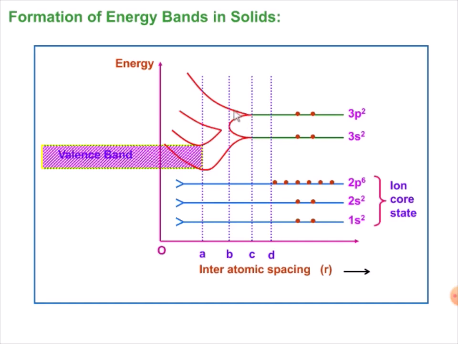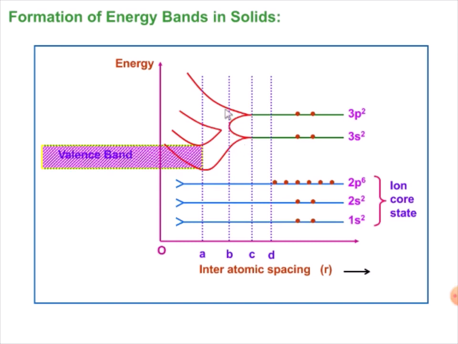N is very large, of the order of 10 to the power 29 atoms per meter cube, and the energy difference between the 3s and 3p levels is a few electron volts. So the levels due to this spreading of energy of the 3s and 3p levels are very closely spaced, and this collection of closely spaced levels we call what?